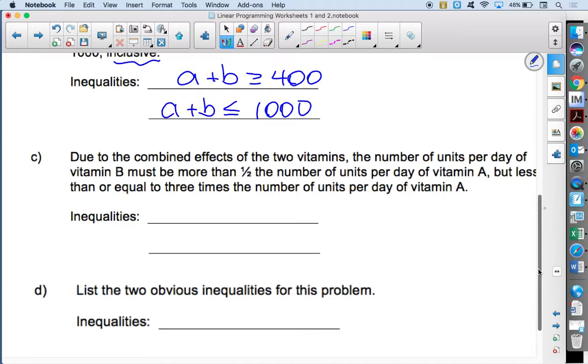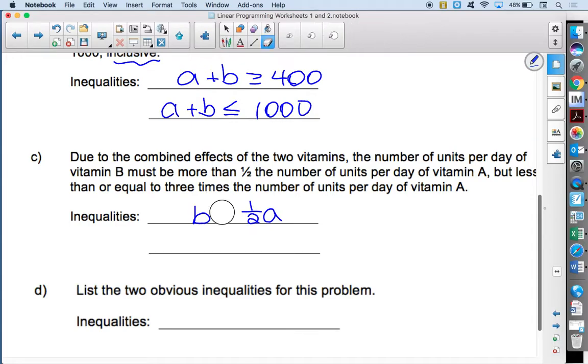Kyla, you want to take a shot? Abby? 1/2 A is less than or equal to B.